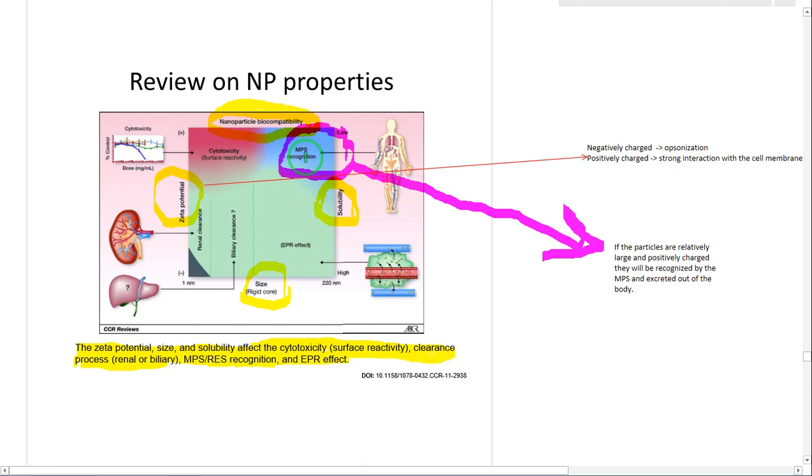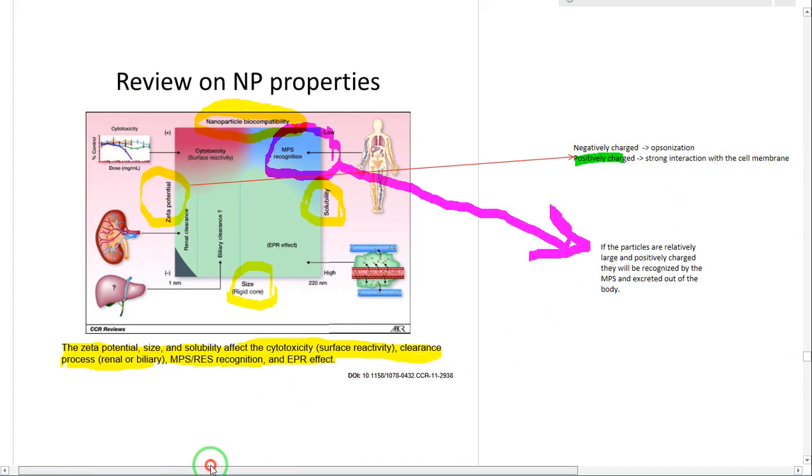The reason is that the larger particles, if you remember, are going to be excreted readily, fast, rapidly out of the body. On the other hand, when the particles are charged positively, the amount of proteins which are going to be adsorbed on the surface of the nanoparticles is going to be increased.